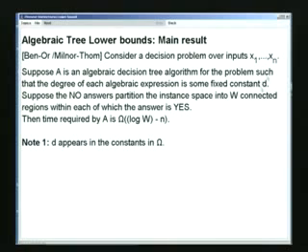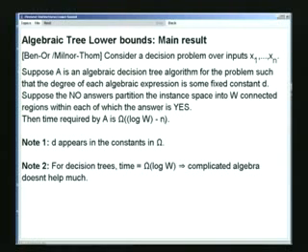Now you might wonder what happened to that d. The d actually appears inside this omega, so there is a constant of proportionality which depends upon d. For decision trees, the time is not even omega, it's actually just log of W, to base 2.